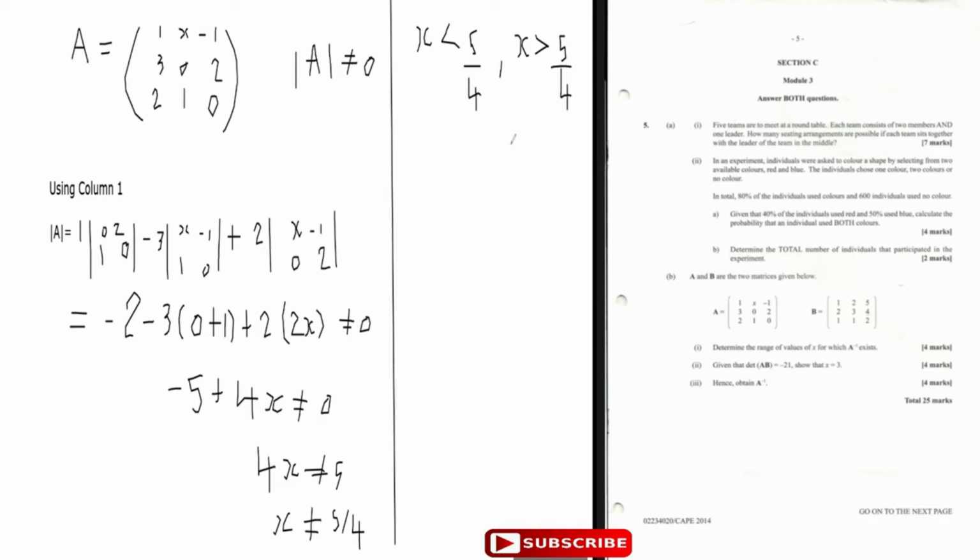Now it says, given that the determinant of A times B is negative 21, show that x is 3. So find the determinant of A times B, and it's negative 21.